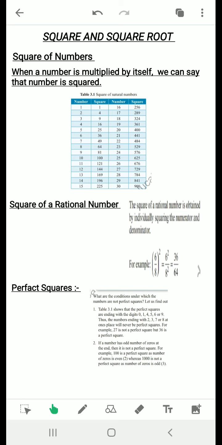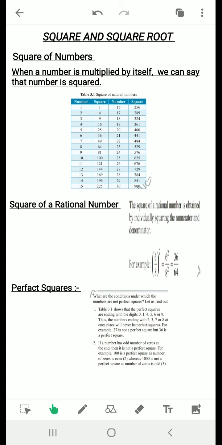So if a number is a perfect square number, then it is necessary that it will end with either 0, 1, 4, 5, 6 or 9. It does not mean that all numbers ending with 0, 1, 4, 5, 6 or 9 are perfect squares. They can be perfect squares, but it is not necessary.